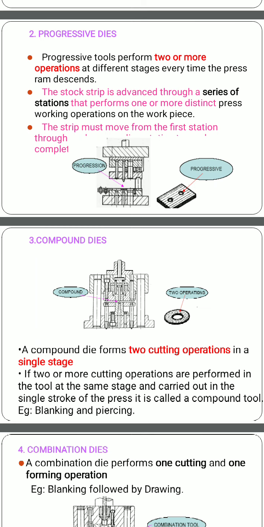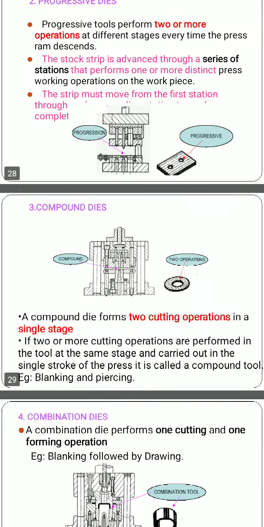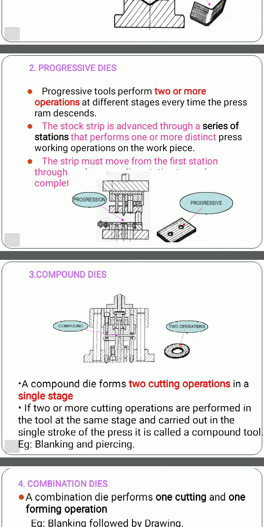In progressive dies we have multiple operations. You can see in the figure that blanking has to be done and piercing also has to be done. In order to produce such components, we should go for progressive dies.